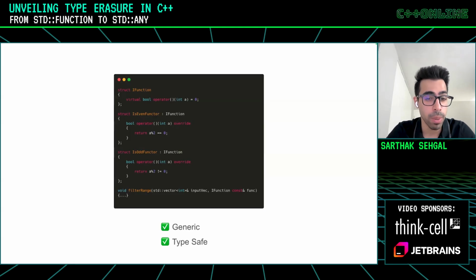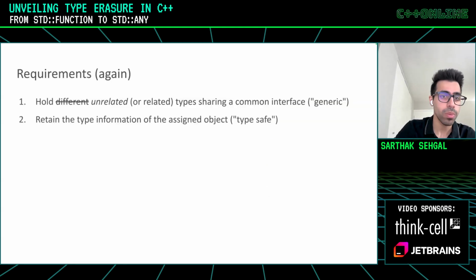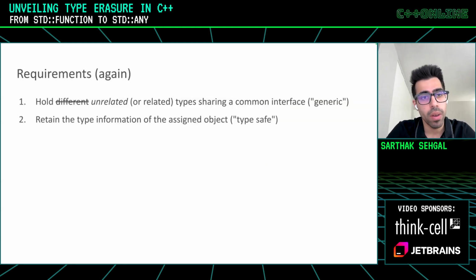But maybe in this case, our requirements were not completely correct. So let's take a step back and fix our requirements. When we previously defined the requirements, we said a whole different types sharing a common interface. But that's not exactly true, because the types can be either unrelated or related.